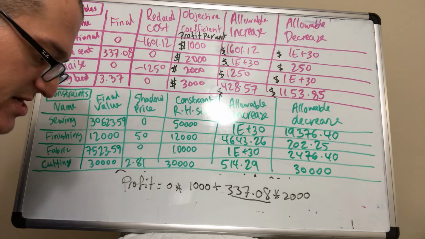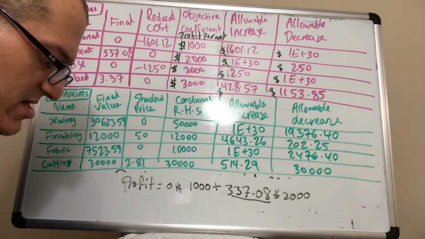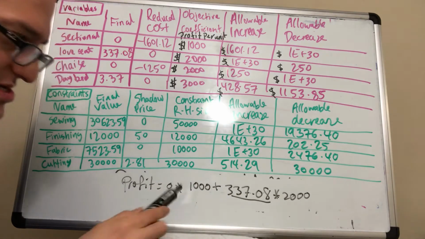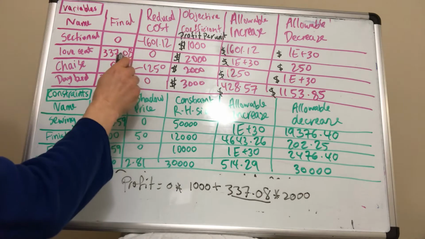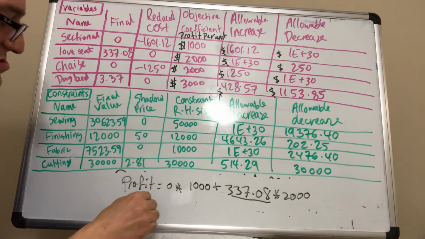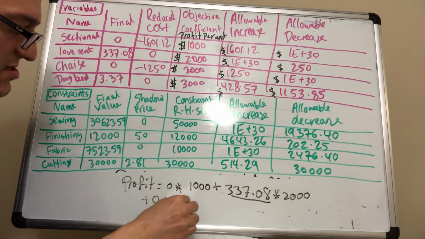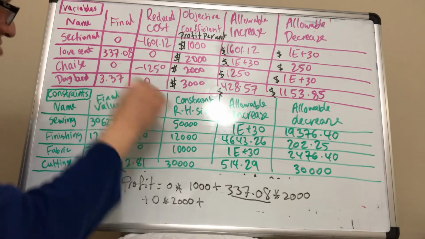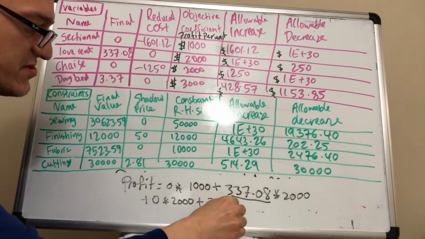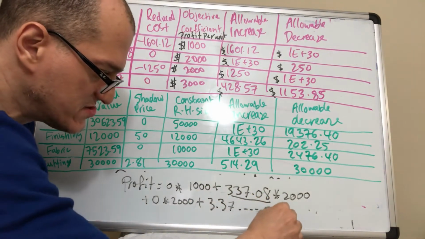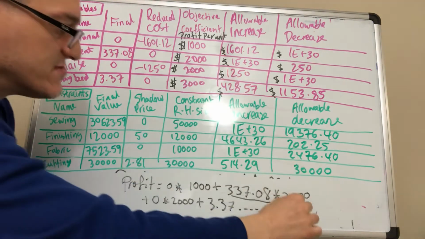Sorry, I don't want to write it. I'm only using two decimal places. Plus 0 times 2000, plus 3.3, and use whatever number of decimals they're using times 3000.